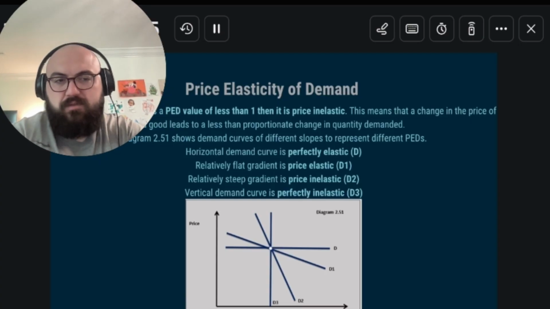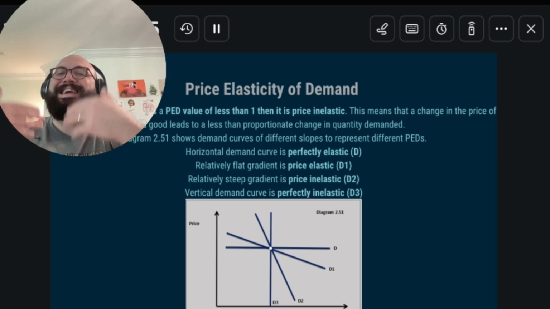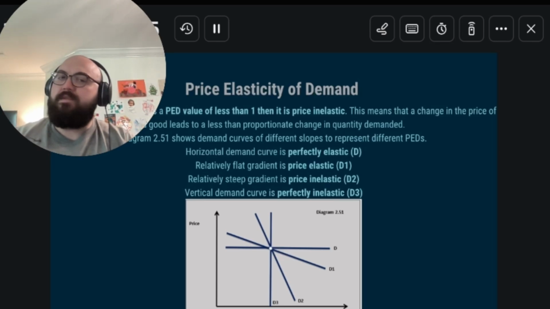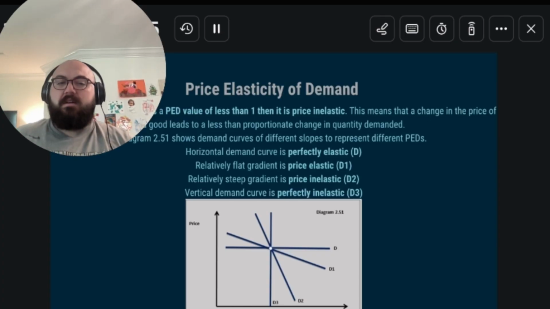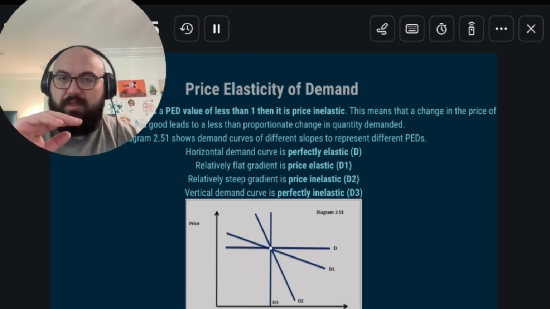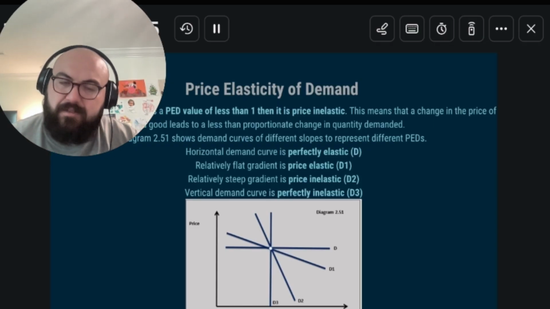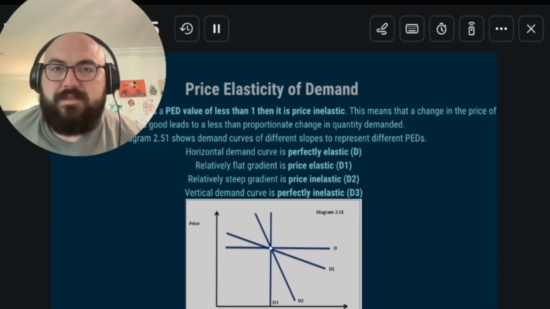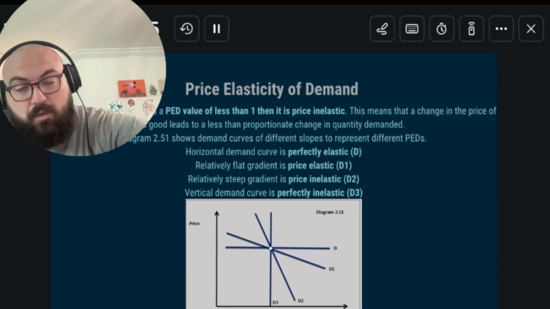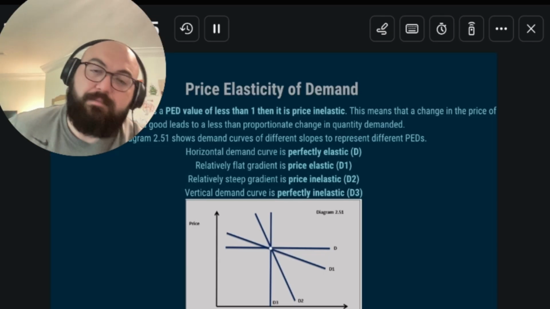A steep curve that you can see in D2 is inelastic. Price changes don't affect demand very much. And then the vertical curve in D3 is perfectly inelastic. Demand stays fixed no matter the price. So take a peek at the steepness of these different curves and how that might apply to different Paper 1 Part A's and Part B's.